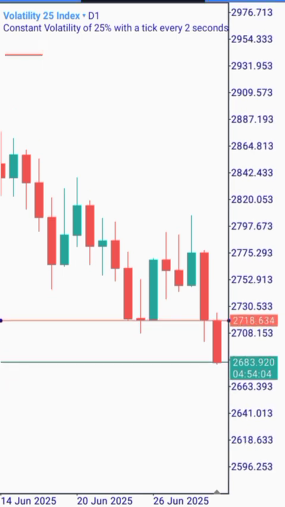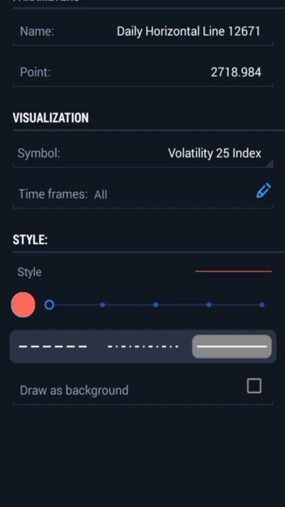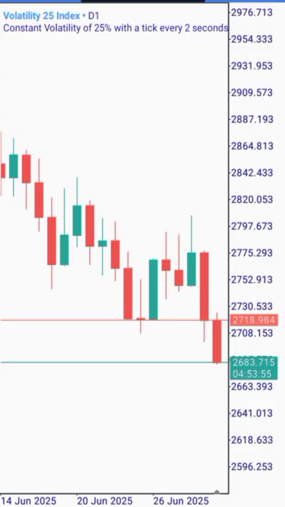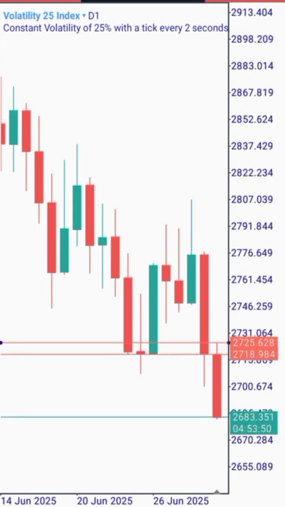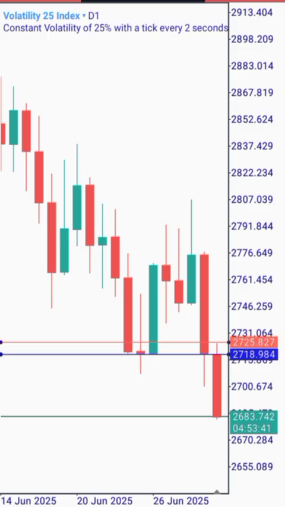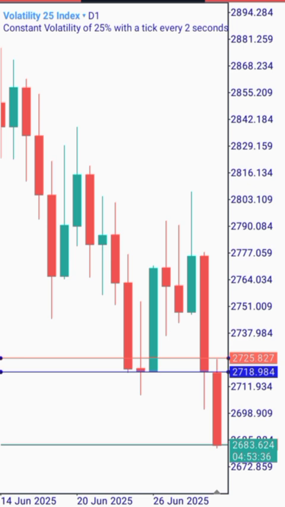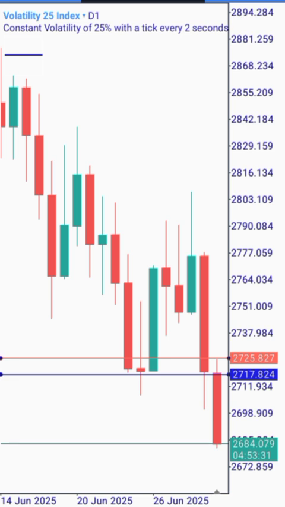I will put my horizontal line like this, then put another one above, then put another one at the beginning of the week. This is where the candlestick started forming. Let me use another line so that you understand what I'm saying. If you look very well, we have two horizontal lines here, the blue one and the red one. Do you understand?